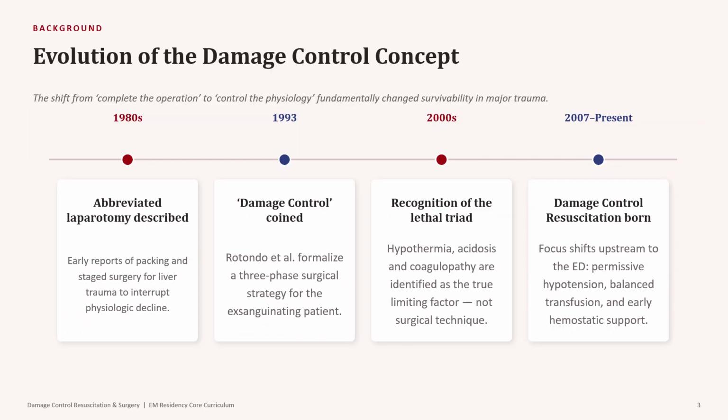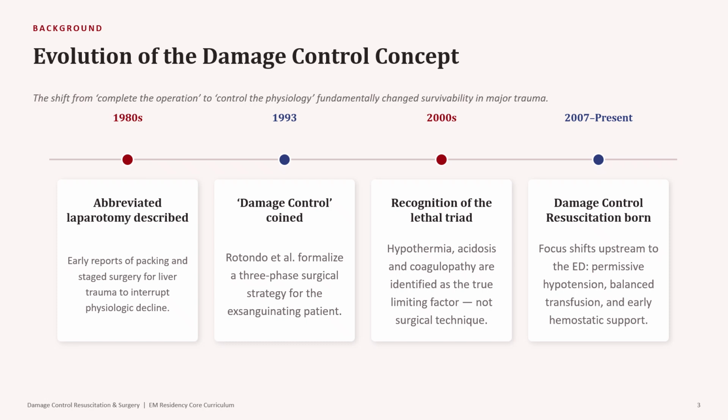So, how has this damage control concept evolved? As you all know, most of the principles of emergency medicine have evolved from a military background. The shift from completing the operation to controlling the physiology fundamentally changed survivability in major trauma, especially in military medicine.